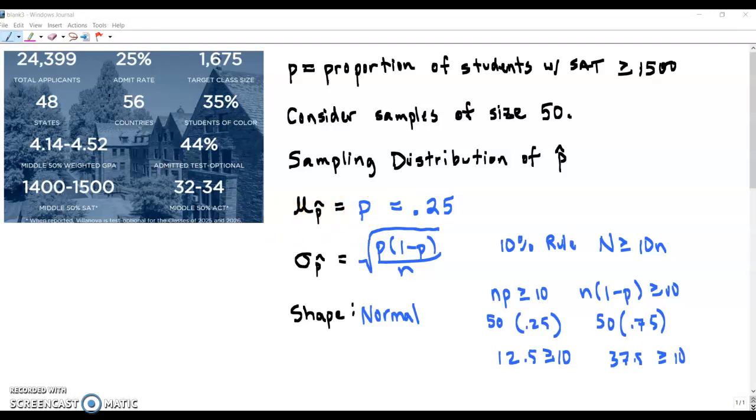So an interesting question might be, hey, I took a sample of size 50 and I didn't get 25% of the people with an SAT score that high. What gives?